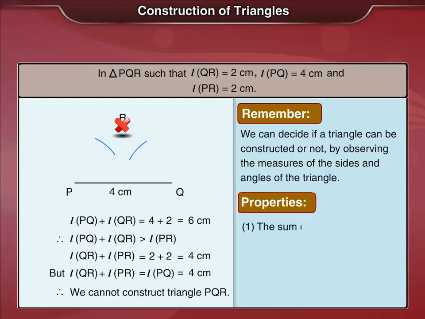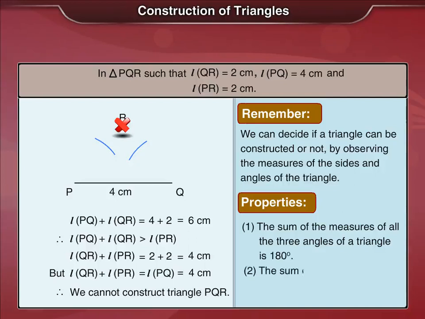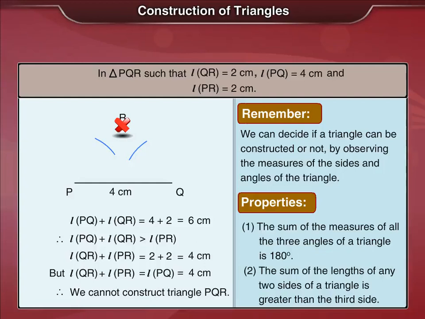Let's construct triangle PQR such that angle P measures 45 degree, angle Q measures 60 degree, and angle R measures 75 degree. Here we are not given the length of any side. Let's construct triangle PQR taking length of side QR as 5 cm.